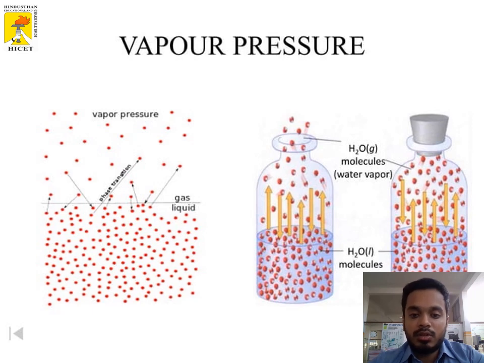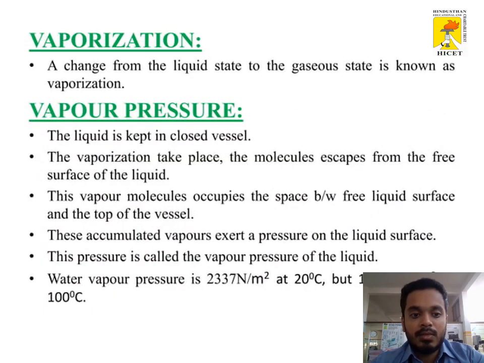Next we are going to see about the vapor pressure. Vaporization: a change from liquid state to the gaseous state is known as vaporization. Vapor pressure: when the liquid is kept in a closed vessel, vaporization takes place and the molecules escape from the free surface of the liquid. These vapor molecules occupy the space between the free liquid surface and the top of the vessel.